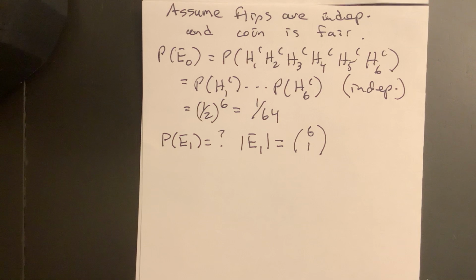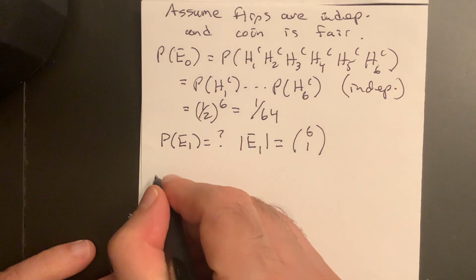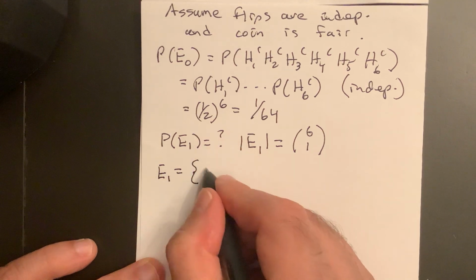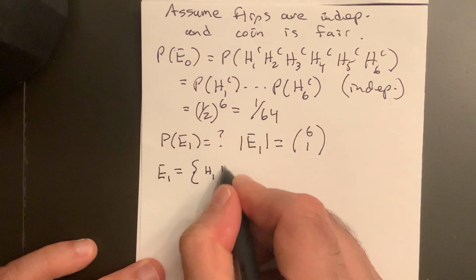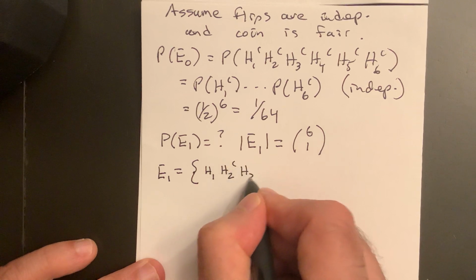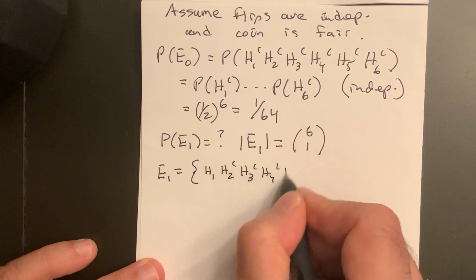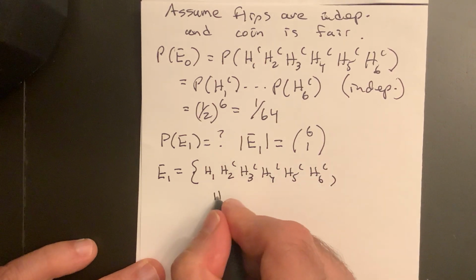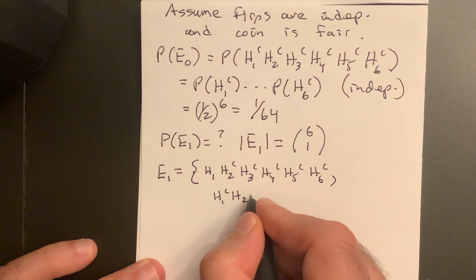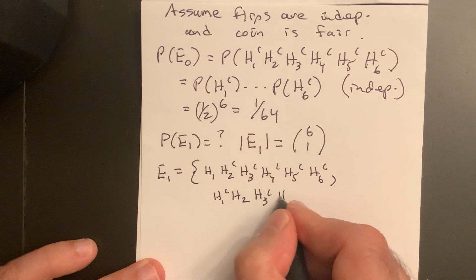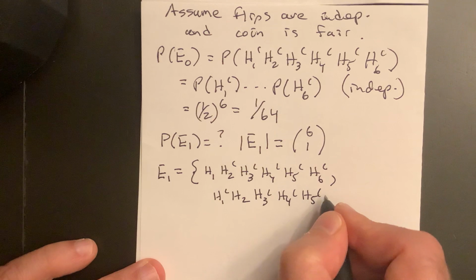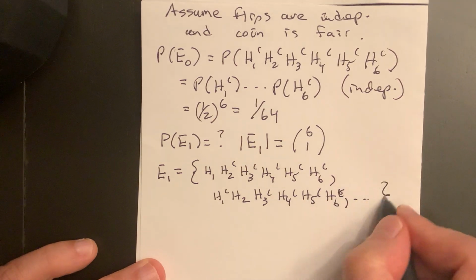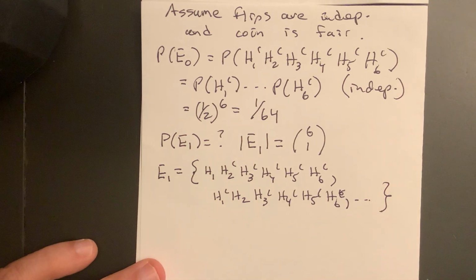So let me just write E1 so you can see: this one could be H1, or it could be H1 complement with H2 here, and so on, to the last one. I should have picked a smaller number. But the size is 6, we see.